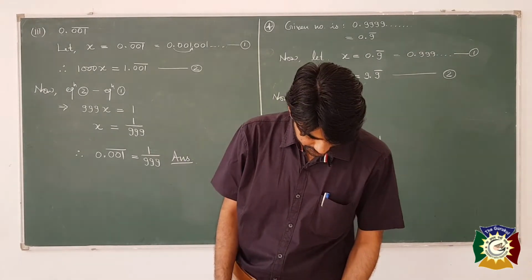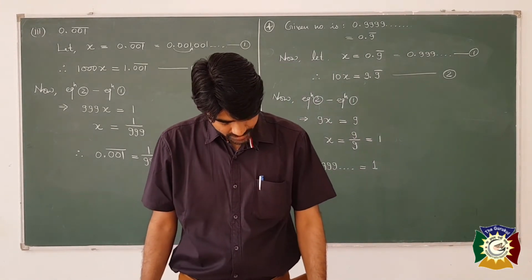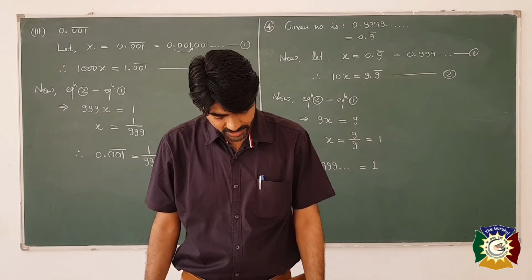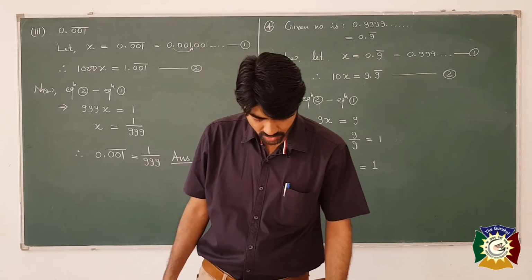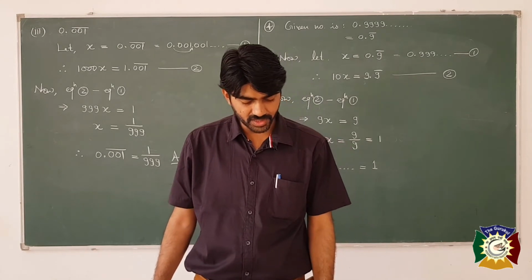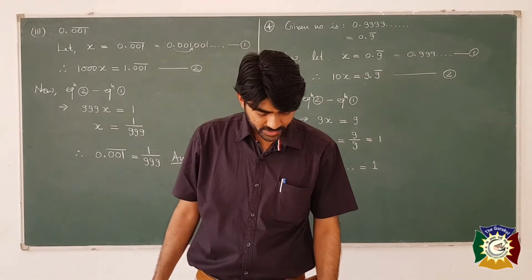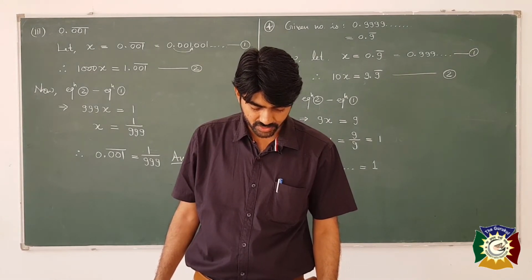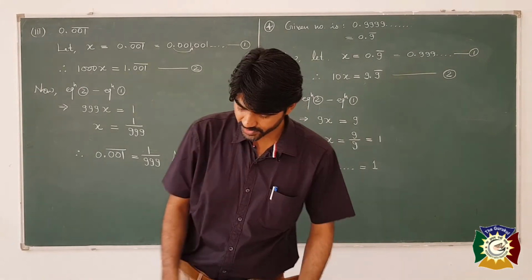Next, question number 5. What can be the maximum number of digits in the repeating block of digits in the decimal expansion of 1 divided by 17? Perform the division to check your answer.